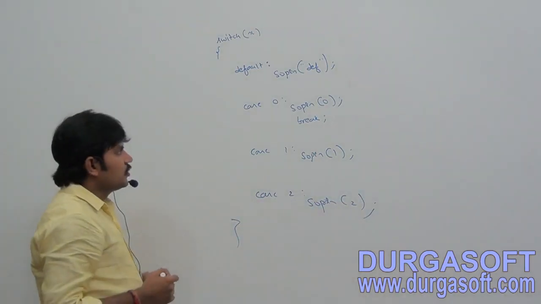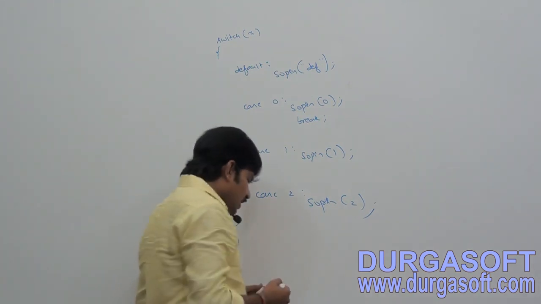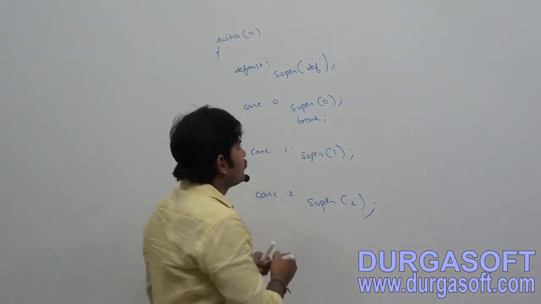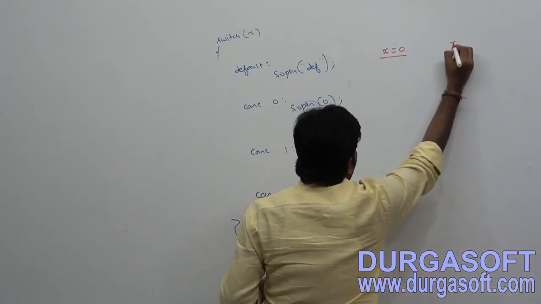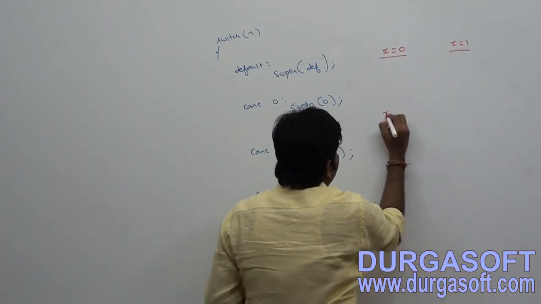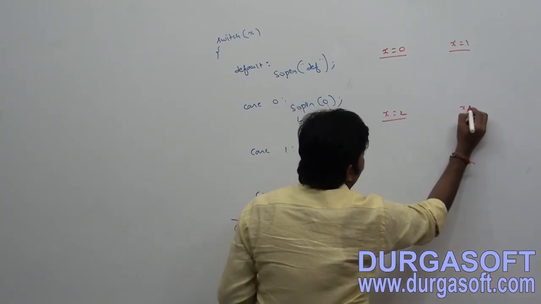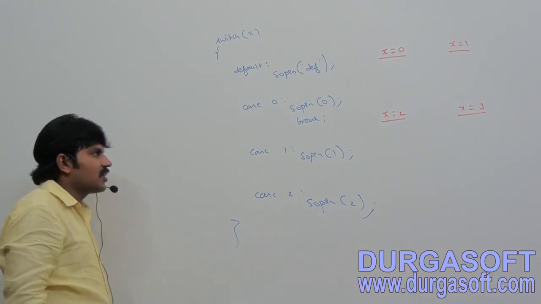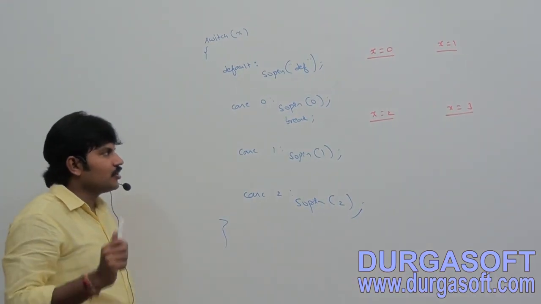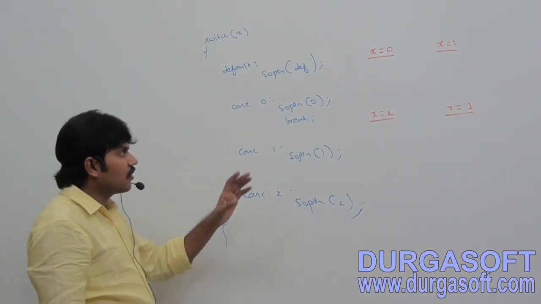Analogy. If x value is 0, what is the answer? If x is 1, what is the answer? If x is equal to 2, what is the answer? X is equal to 3? Can you spell out the answer? X is equal to 0: 0, good.